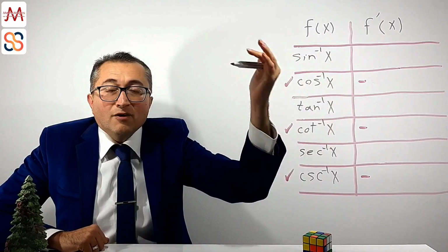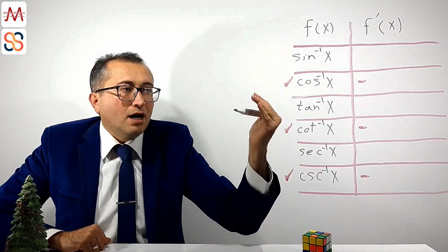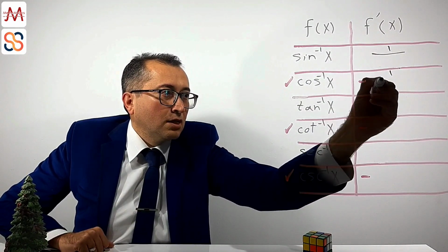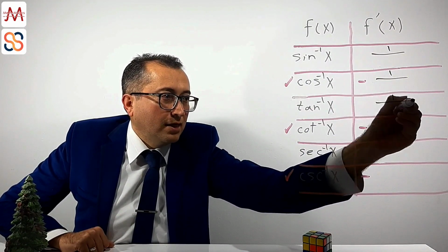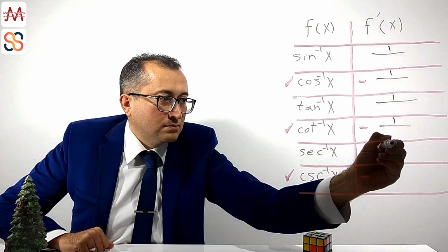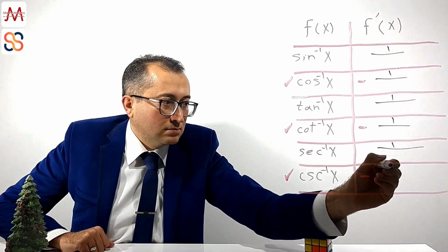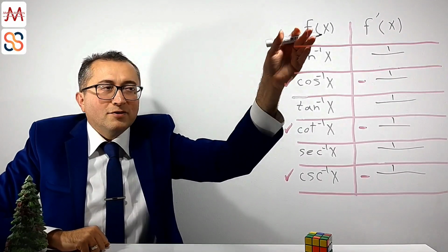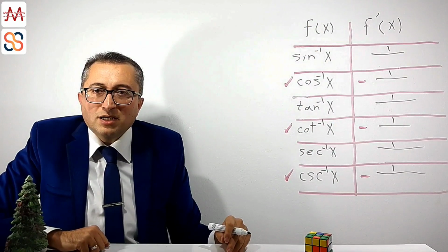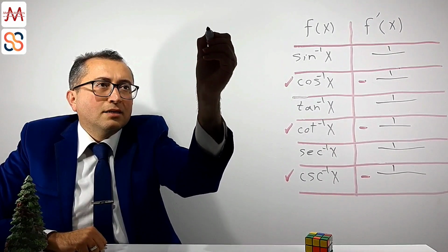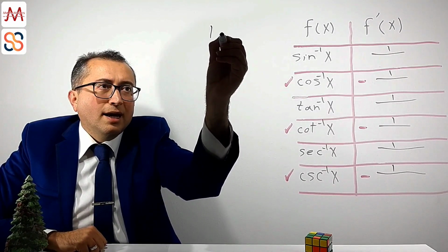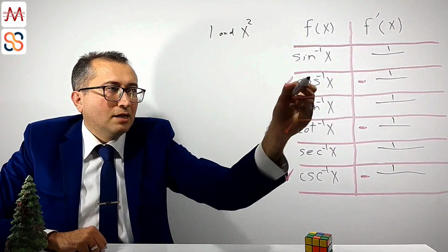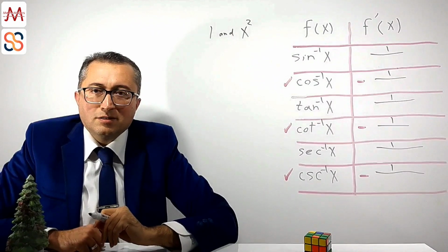The derivatives of inverse trig functions all are fractions. 1 over something. The next point is this. The derivatives of all inverse trig functions include 1 and x squared in their denominators.